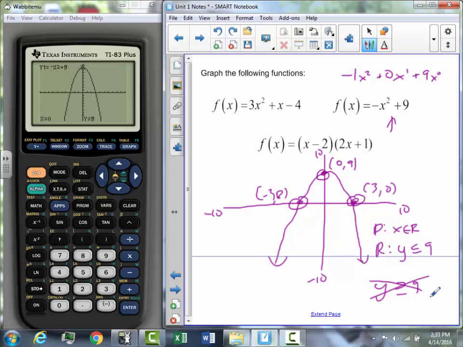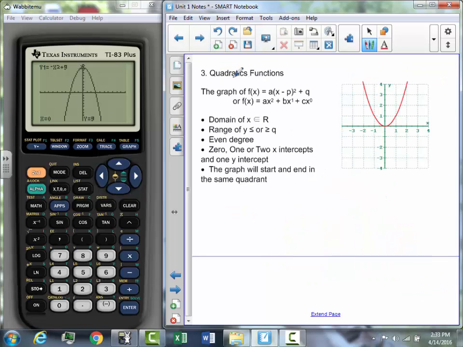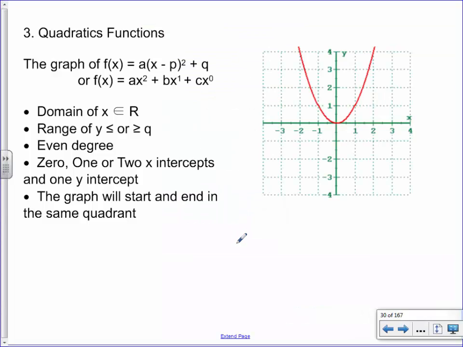So far, so good? Okay. Well, let's do this set of notes on it then. Quadratics usually get written in one of two formats. If you were in 30-1 last year, you might recognize this format right here. This was called vertex form, because it indicates to you where the vertex of your graph is.